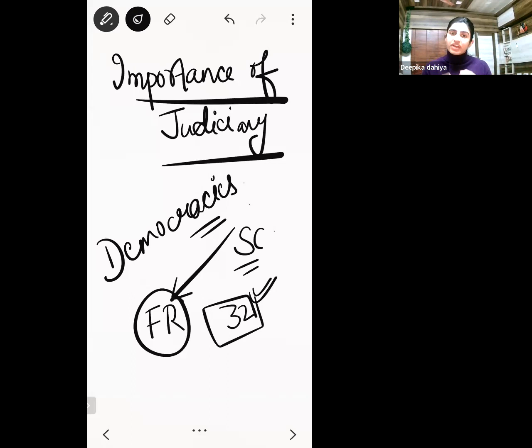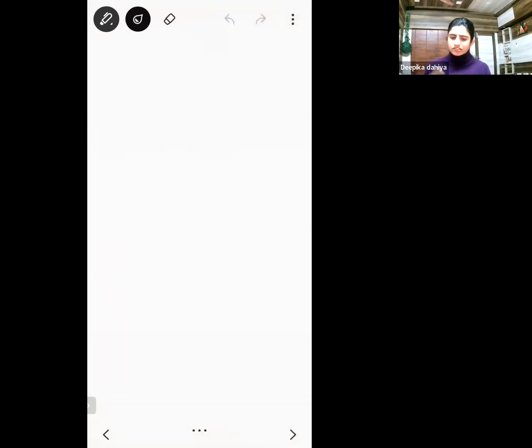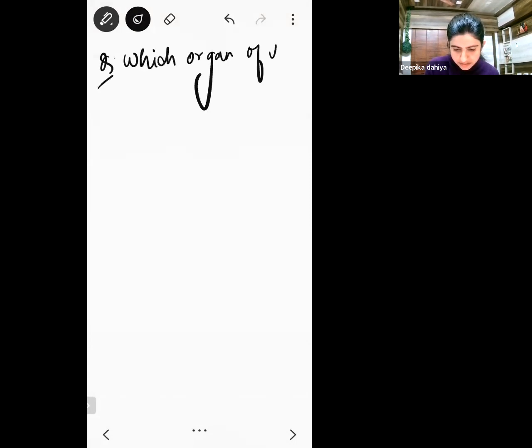That's why the judiciary becomes very, very important. When you're giving rights, protection of them becomes very important. The judiciary plays an important role in many ways, but the two main roles are, first, to give justice to people, and second, to protect the Constitution. Write down a question.